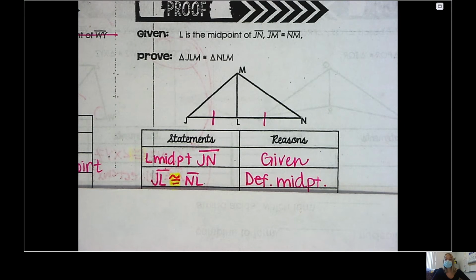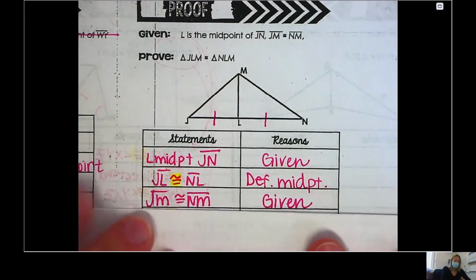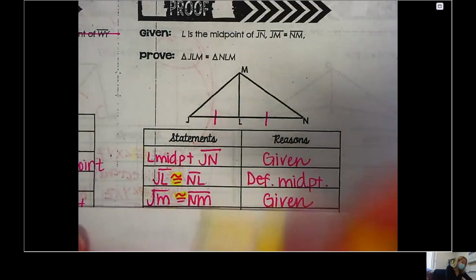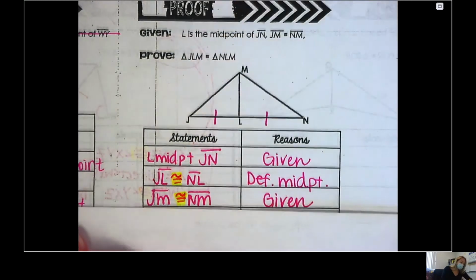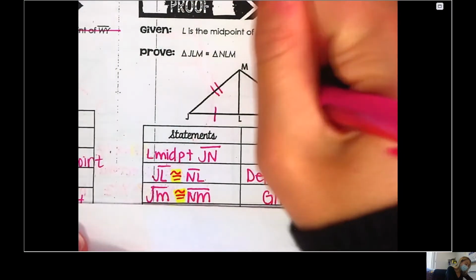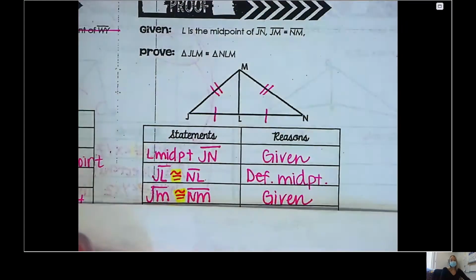Wait, say that again. Good. How did you get that? What was your reason? It was given. Very nice. JM and NM are given to you. So you should mark that in the picture with what? Tick marks. Good. Now I've got a second pair of tick marks.